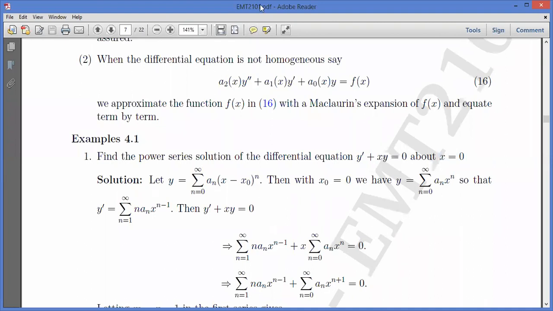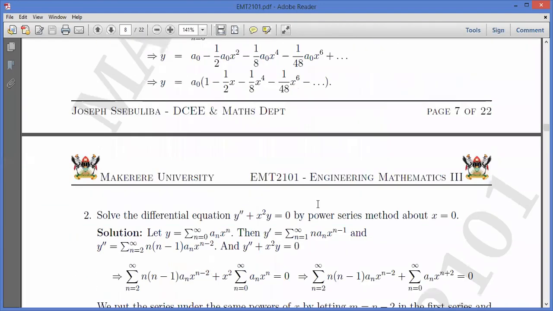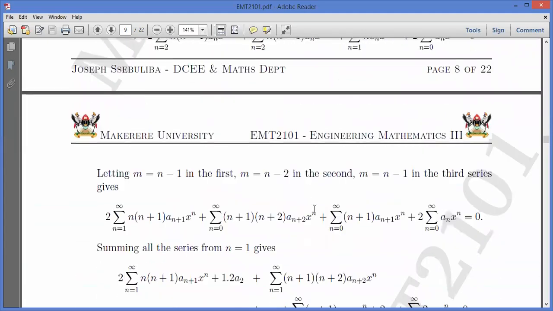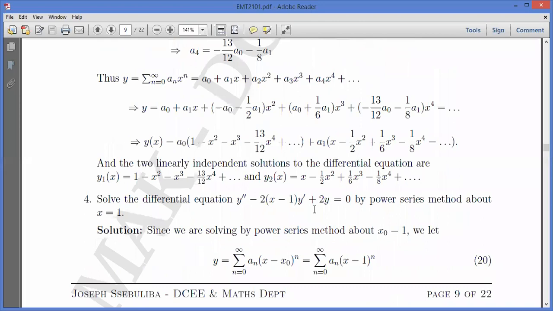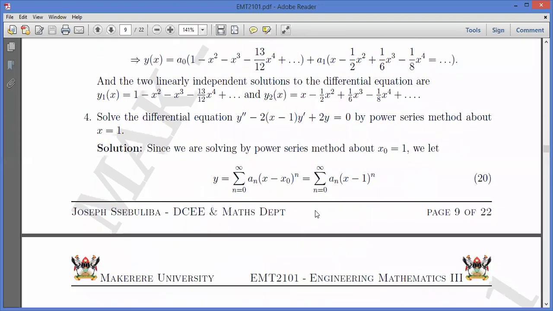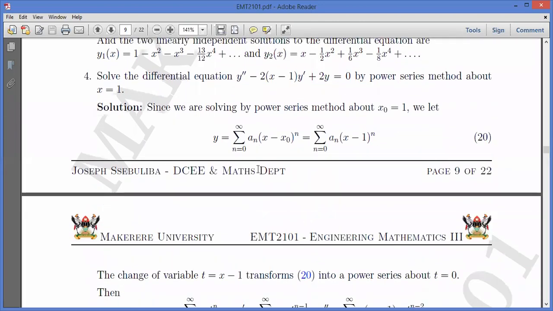So since that is what we had, in this case, for number 4, this is the one we have. This is number 4. Number 4, this time X is equal to 1. So that is the key.